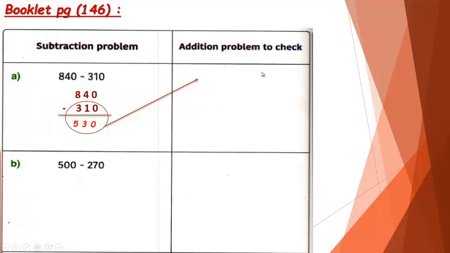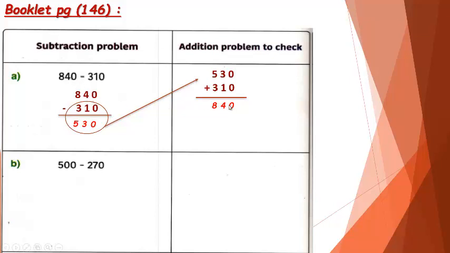So let's do it and check. I'm going to add 530 plus 310. Okay, let's start adding. 0 plus 0 equals 0. 3 plus 1 equals 4. And 5 plus 3 equals 8. Do we find that the sum here is equal to this number, 840?